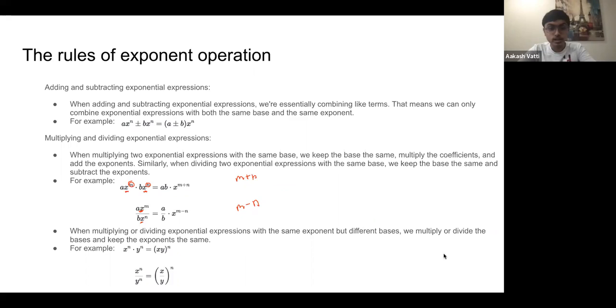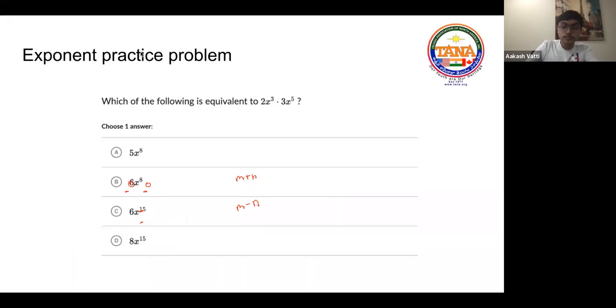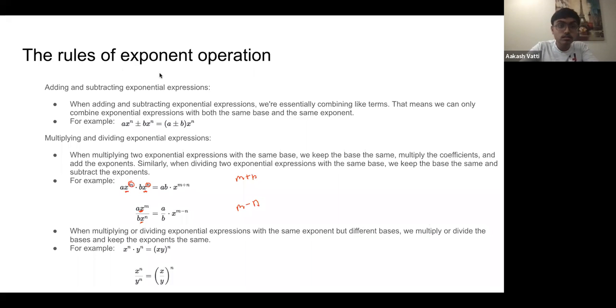When multiplying or dividing exponential expressions with the same exponent but different bases, we multiply or divide the bases and keep the exponents the same. Basically, what this means is x^n times y^n is the same as (x times y) to the n, because these two exponents are the same and we're multiplying the bases.